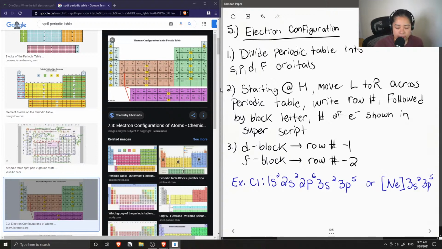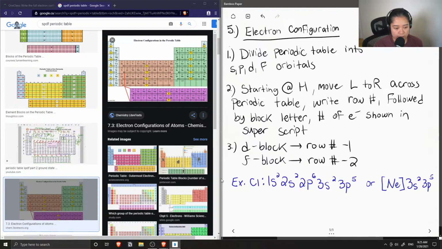So the shorthand configuration is helpful when you need to write the electron configuration of an element closer to the bottom of the periodic table, like mercury and platinum. You don't want to just write all of the different numbers and letters. You can just write the noble gas that comes before it, and then just continue on with the rest of the electron configuration.